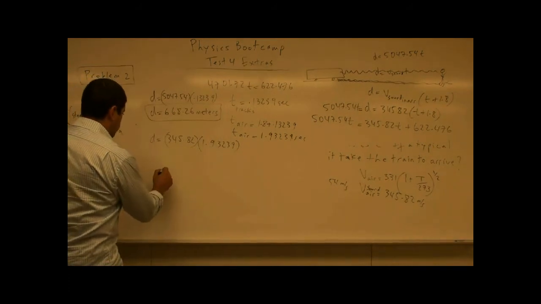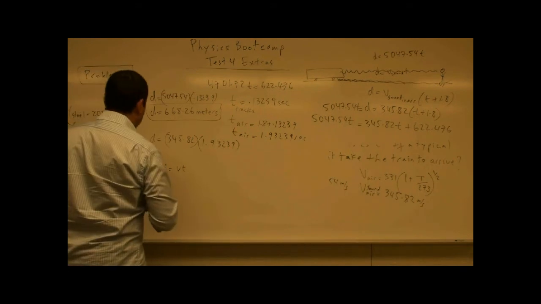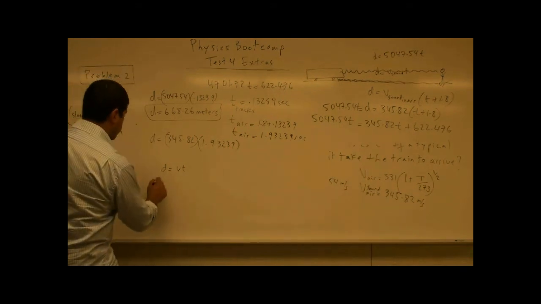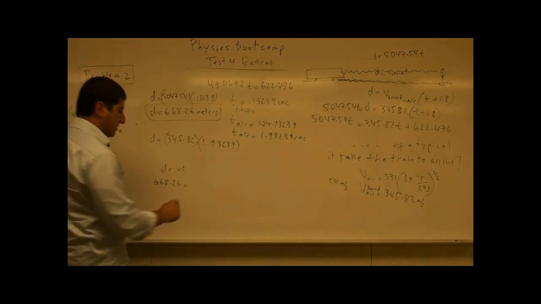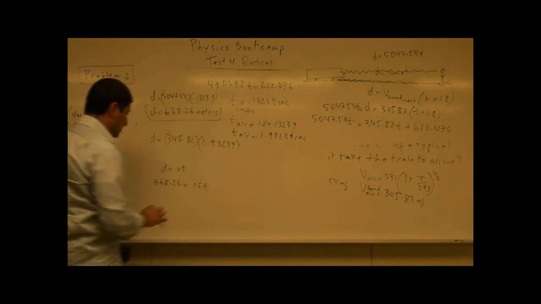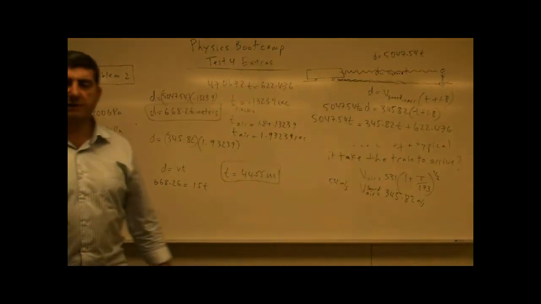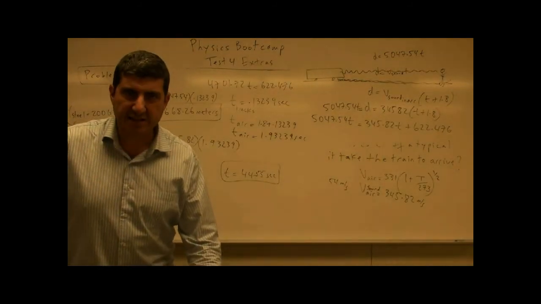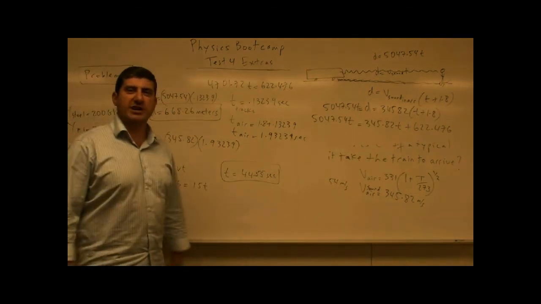So distance is equal to velocity times t. Since the distance is 668.26, if the train is traveling at 15 meters per second, you have less than a minute, roughly about 45 seconds to get ready to go rob that train or bomb that train or whatever you are going to do, okay?